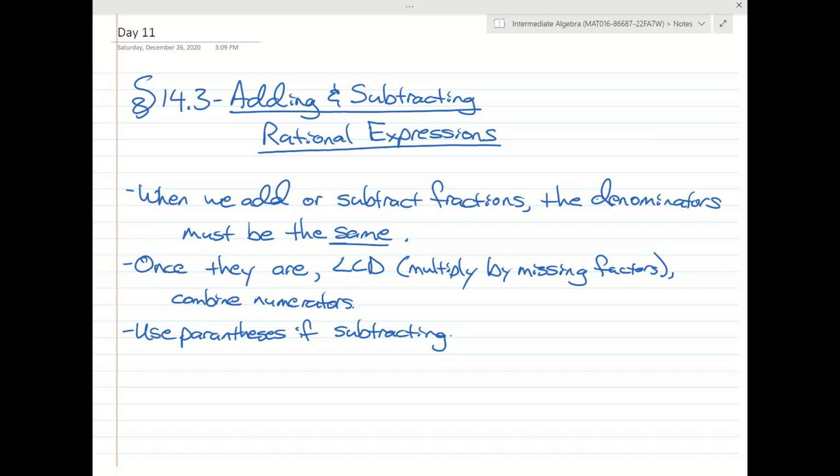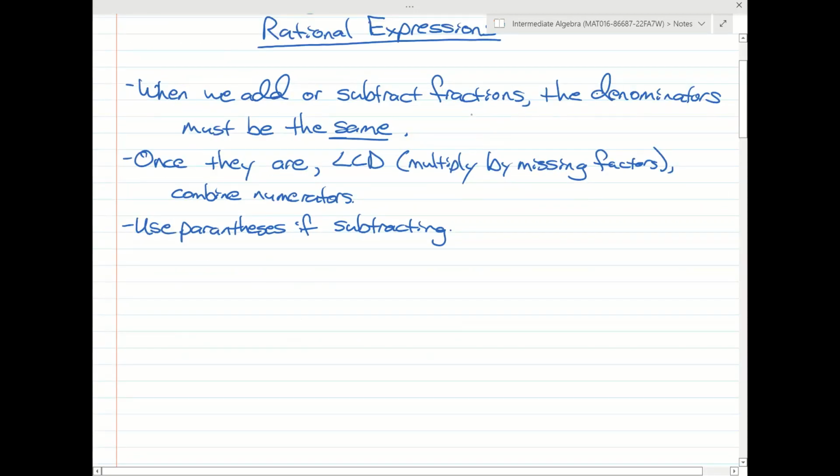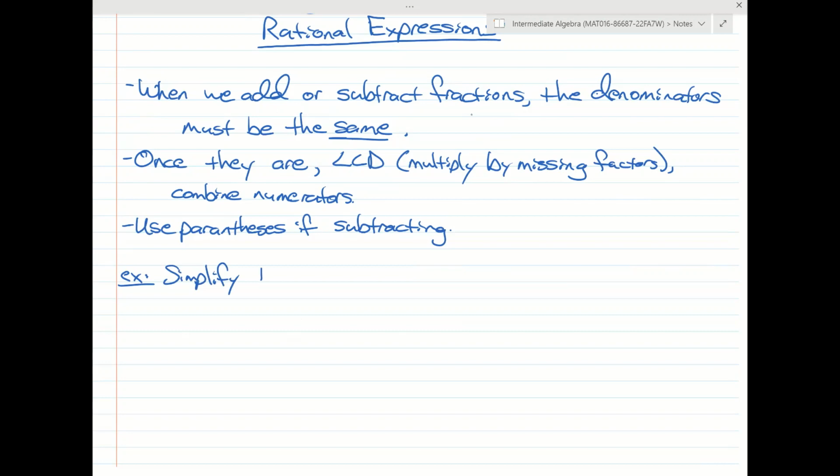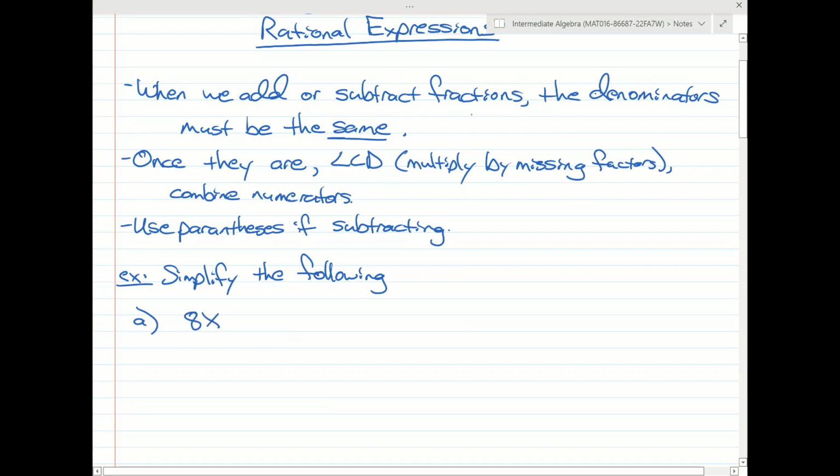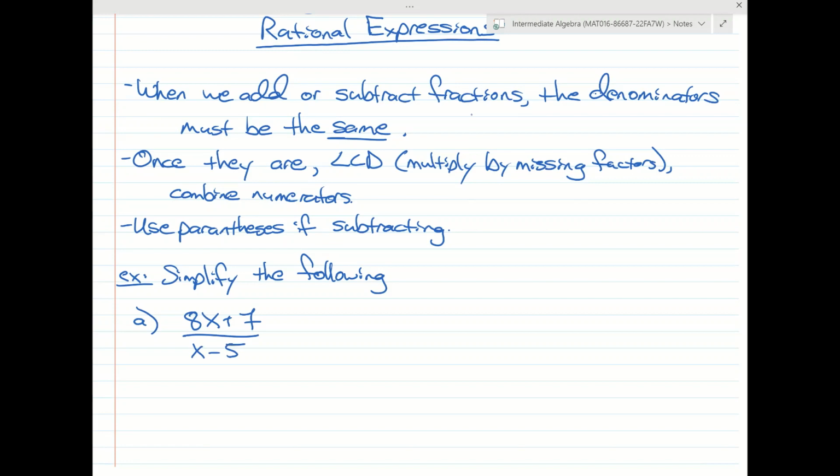All right, so what I'm going to ask you to do is we will simplify the following. And first one is 8x plus 7 over x minus 5 plus 9x plus 1 over x minus 5.